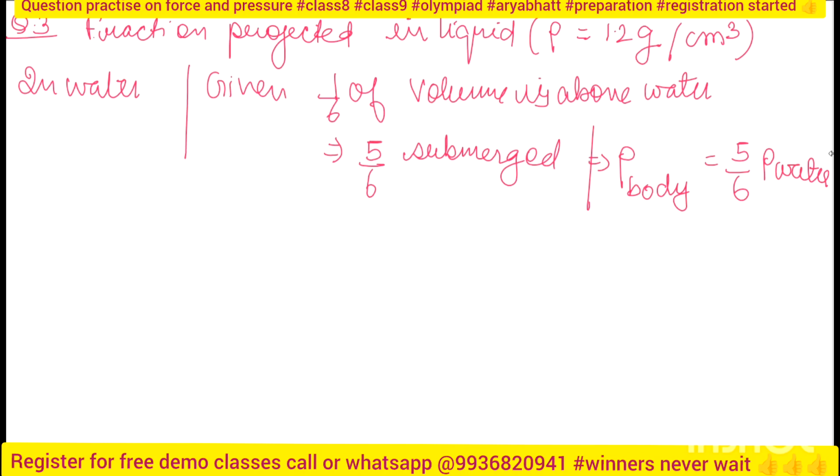Now we place the body in a new liquid. First the body is in water, then the second time it is in a liquid whose density is 1.2 gram per centimeter cube. I am changing the color to differentiate.